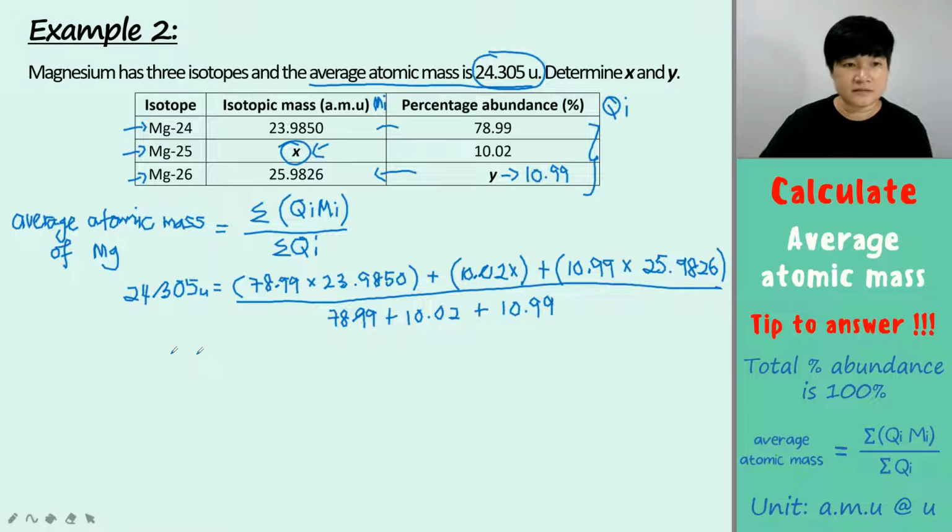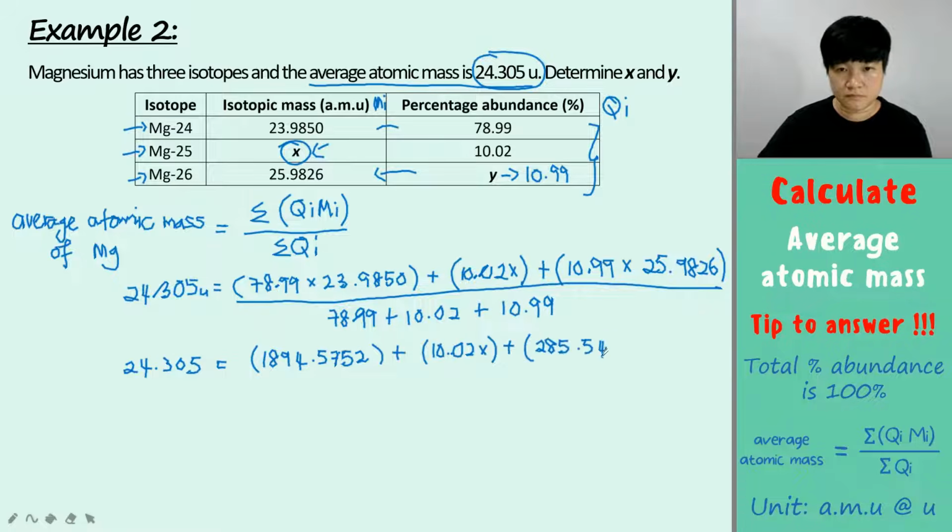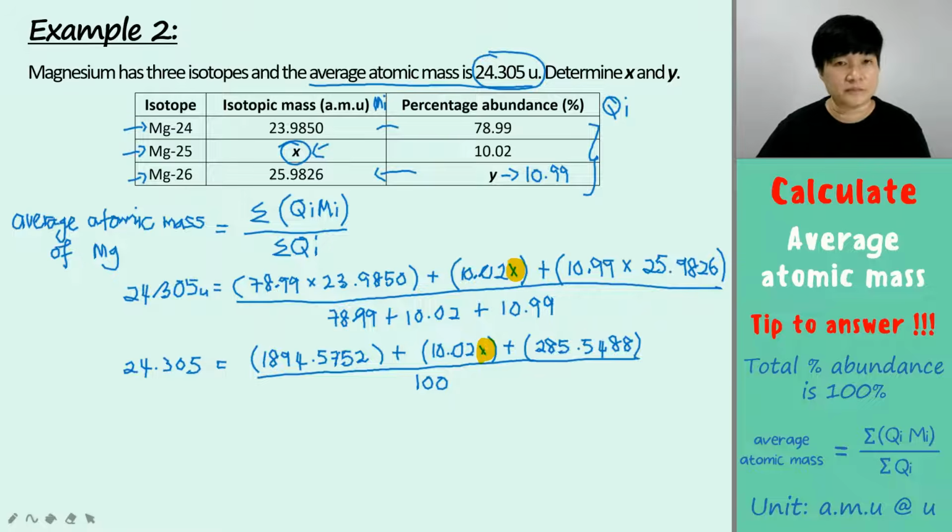Solve the mathematics, then you will find out. And just a kind reminder, this is the x that we are looking for. Alright, we need to solve the mathematics to get this x. This is the unknown that we are looking for. Therefore, to solve the mathematics, we'll bring over the 100 and total out what we can. So we can total out this and this.